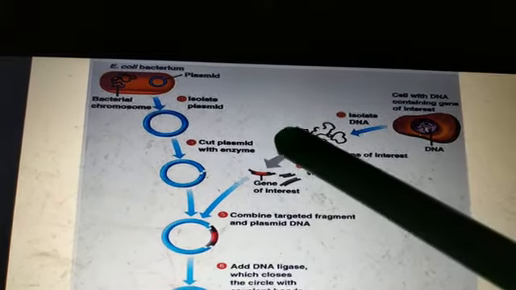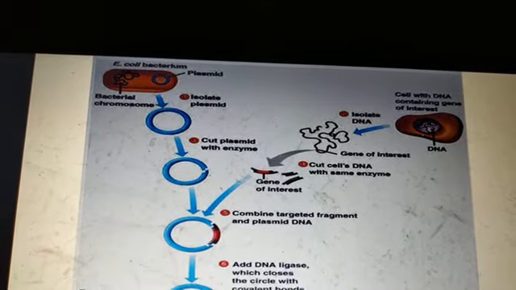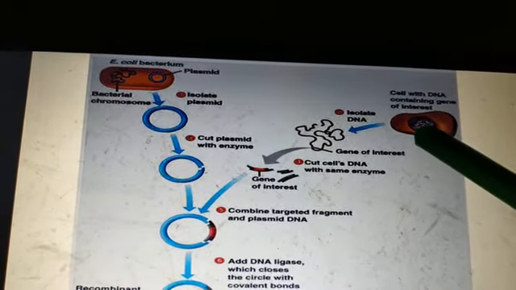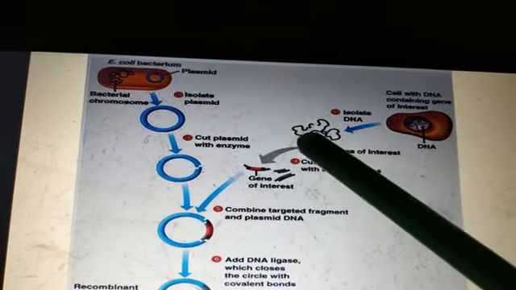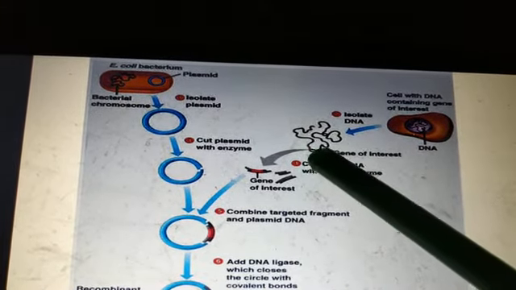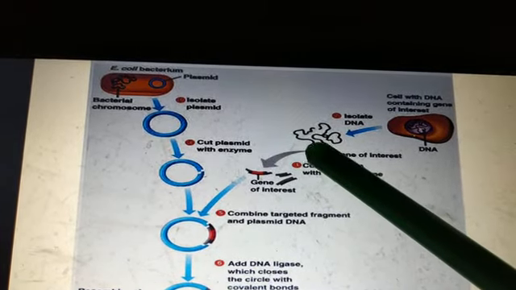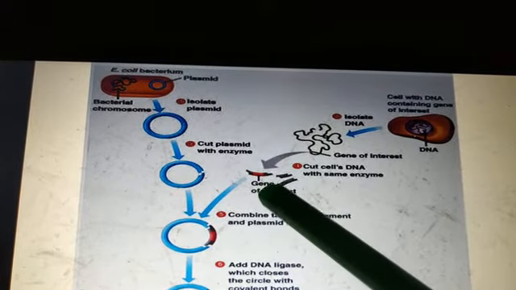This technology we have also seen in recombinant DNA technology, so just correlate with that. We will take out our gene of interest. Suppose this is our DNA and only this part we want. This is the gene that we want to clone. So we will take out the gene of interest from the DNA.